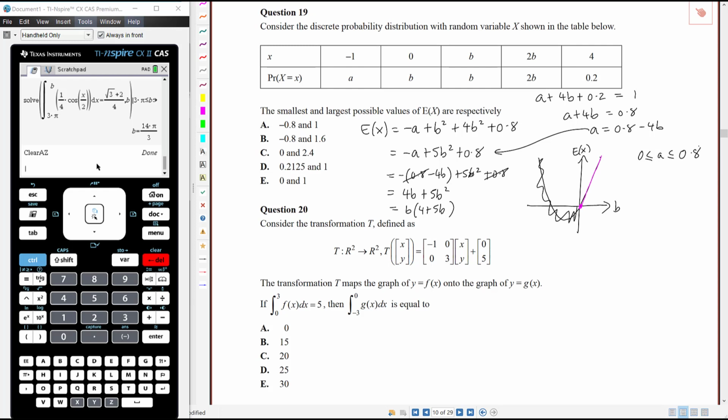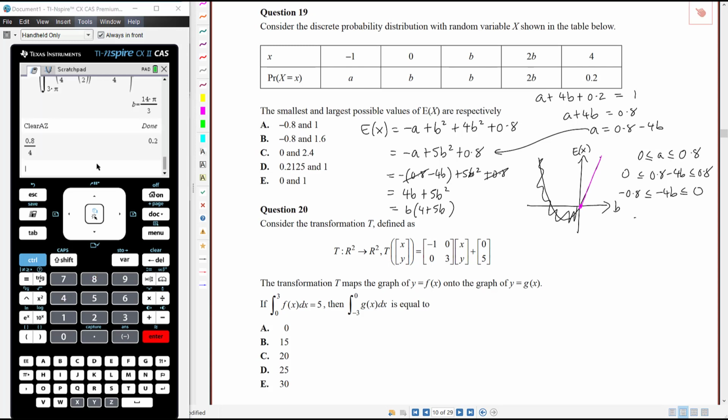Okay. So if A has to be somewhere between 0 and 0.8, we can work out what that means for B. Okay, because A is 0.8 minus 4B. So subtracting 0.8, and then dividing by -4, so -0.8 divided by -4 will be 0.2, so that is 0.2 has to be less than or equal to b, which has to be less than or equal to 0.